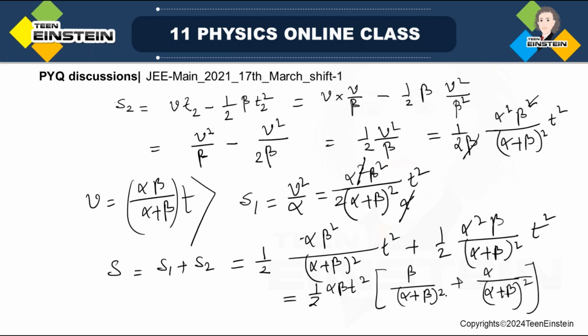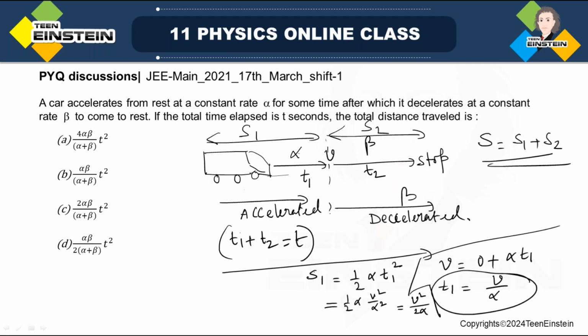This is common, so in the numerator I get alpha plus beta, and in the denominator alpha plus beta whole square, right? So I can strike one of them. Then I get alpha beta divided by 2 into alpha plus beta into t square.